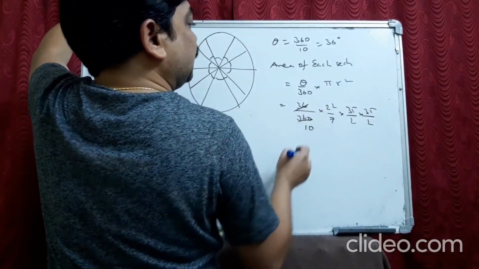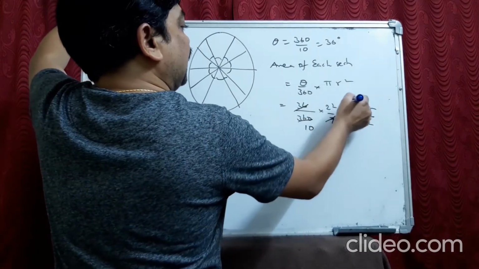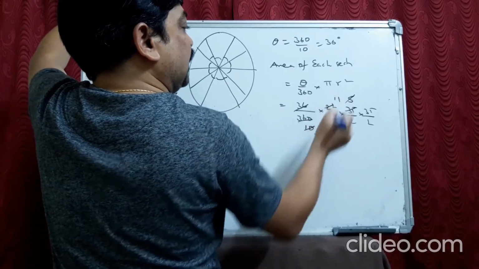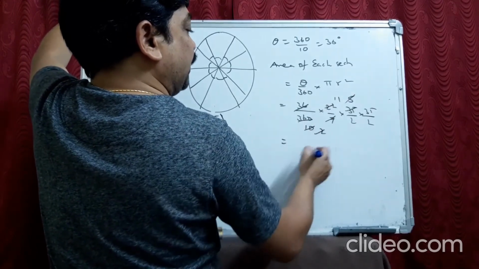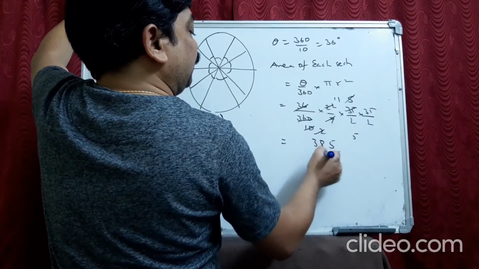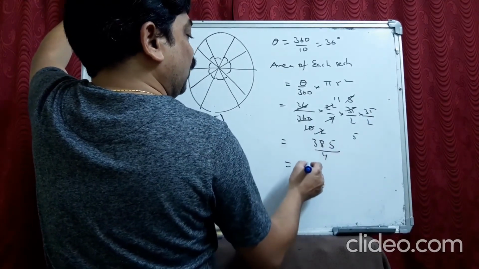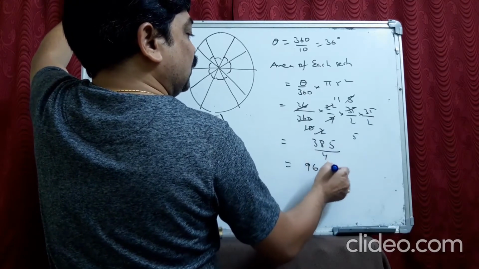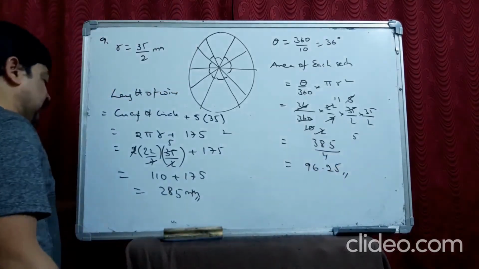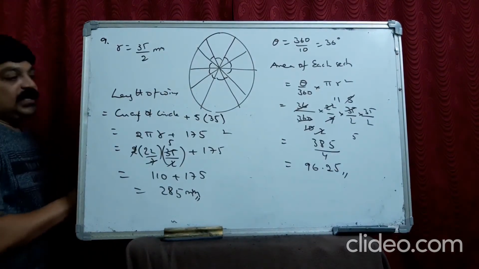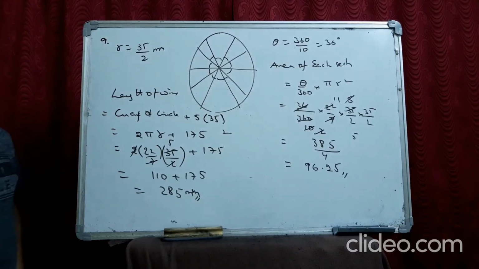This is 10 times, 7 5 times, 5 2 times, 2 11 times. So 11 into 35 by 4, 11 5s, 35, 33, 385 by 4. Let me see. 385 by 4 only, they left it like that, it is fine. Okay?